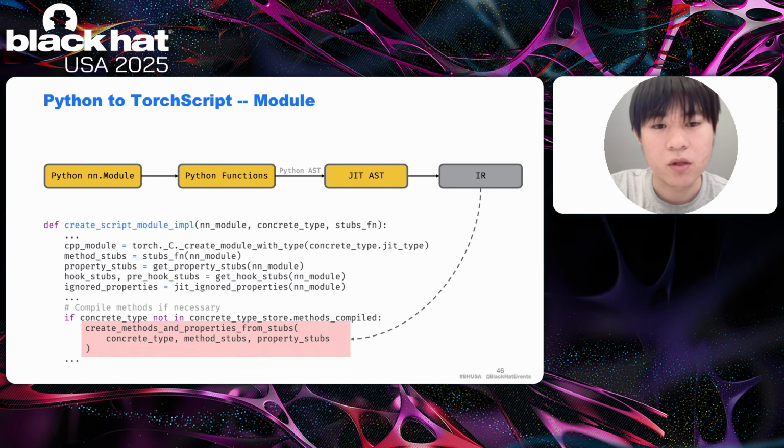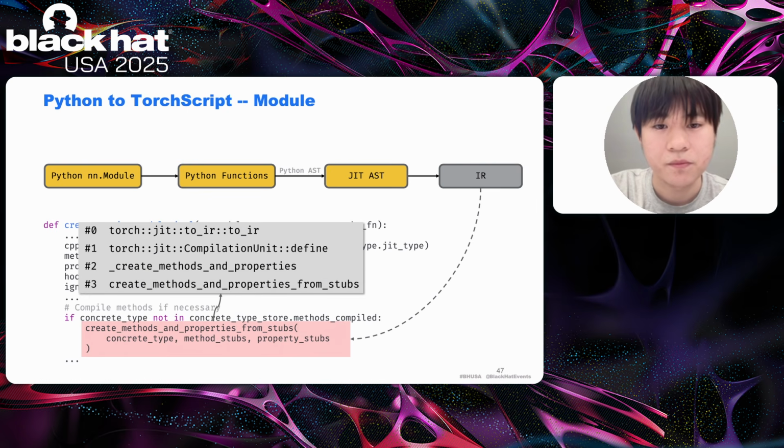Back to create a script model MPL. The method stops variable stores the JIT_AST we just converted, and the create methods and properties from stops function takes method stops as input and is responsible for converting it to IR. We can see that this call stack is similar to the call stack for function compilation.